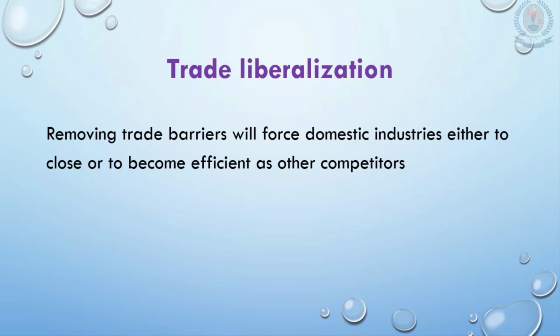For example, if Sri Lanka is also producing batik saris, and if we get imports from India as well, if the Sri Lankan batik industry wants to survive, they should be as efficient as possible and should be in a position to effectively compete with the Indian saris. If not, the only option that they have is to close down.